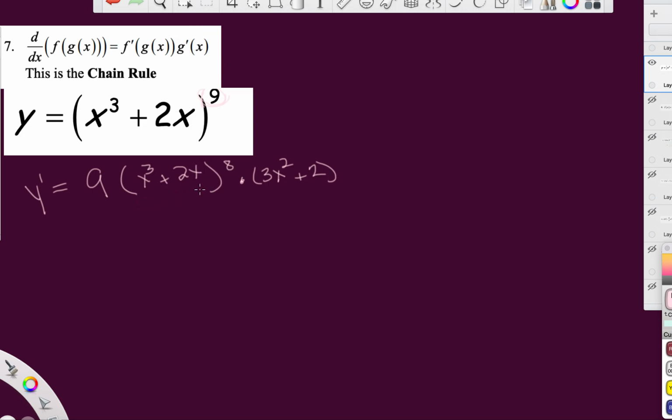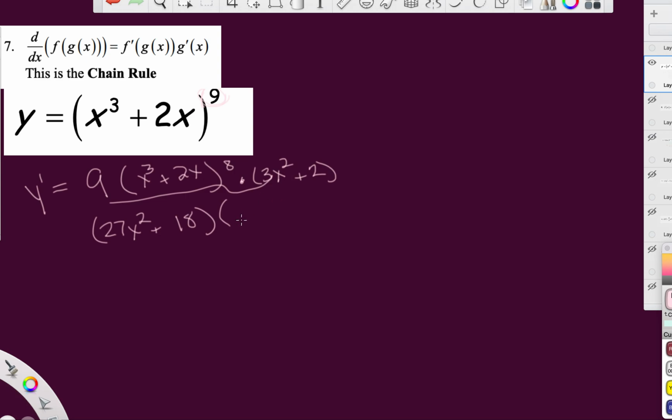But could I distribute the 9 to these guys? Yeah. Could I leave it like this? Yeah, it's okay. You know, I could say it's 27x squared plus 18, sorry, plus 18, right? And that's these two things multiplied together, because multiplication is commutative.